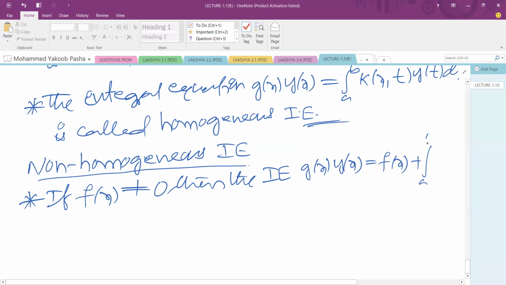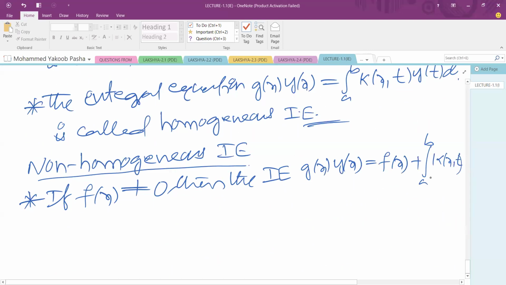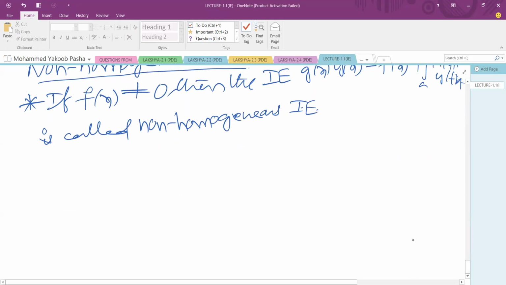Plus integral a to b k of x comma t y of t dt is called a non-homogeneous integral equation. If you take f of x as a e power x, you may take a sin x, you may take a cos x also.